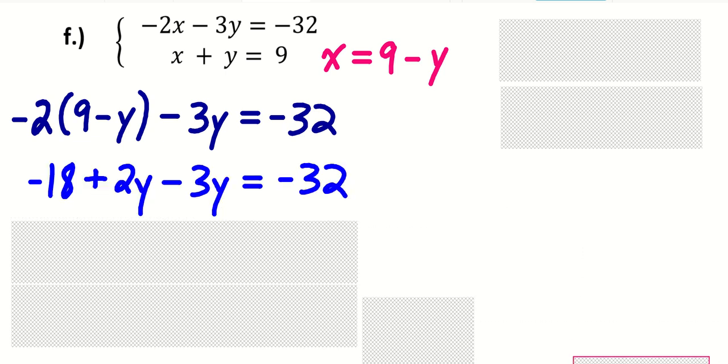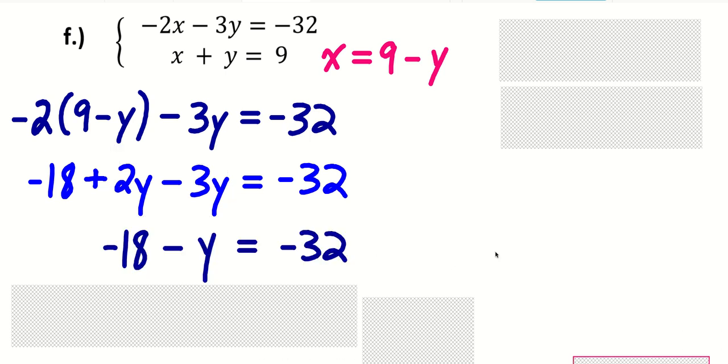Distribute the -2. And then what you should probably do next, you don't have to, but you should probably notice that there are some like terms already on the same side that combine to make -1y. And what would you do next on your quest to get y all by itself?